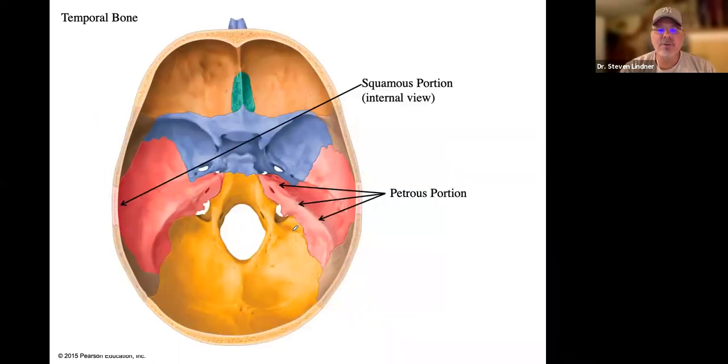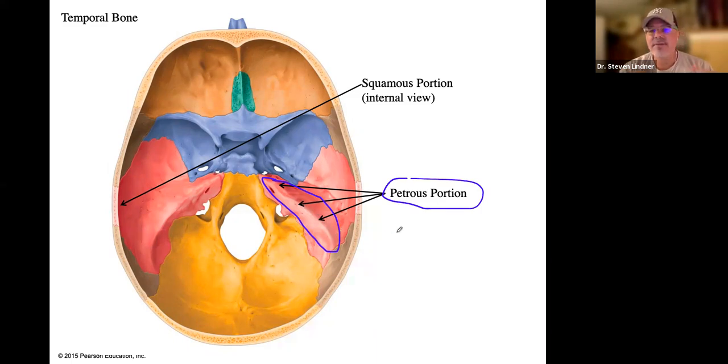Looking inside the cranial vault, we have the petrous portion of the temporal bone. All of this mountain that we see here is the petrous portion. It's a really important part, because if you could lift this up and away, there's a very important structure that lies deep to it, and it's part of the ear.